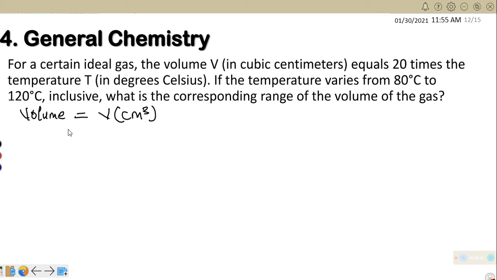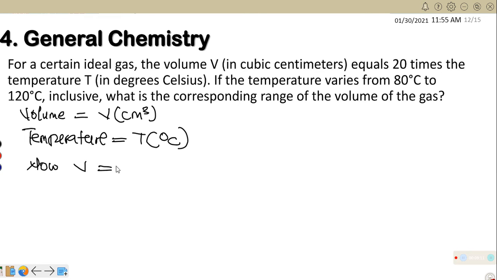And let the temperature equal T in degrees Celsius. Now from the first sentence we have that volume equals 20 times temperature.